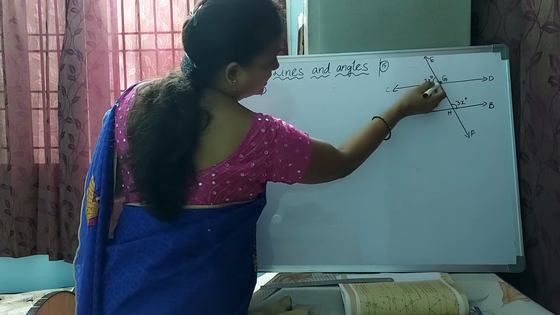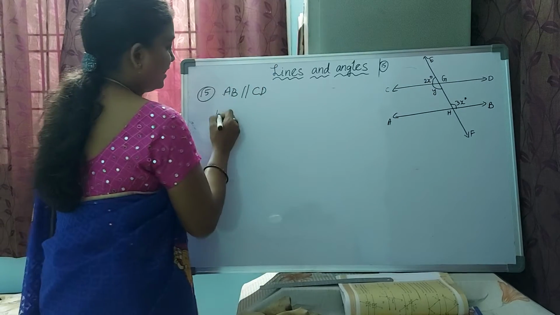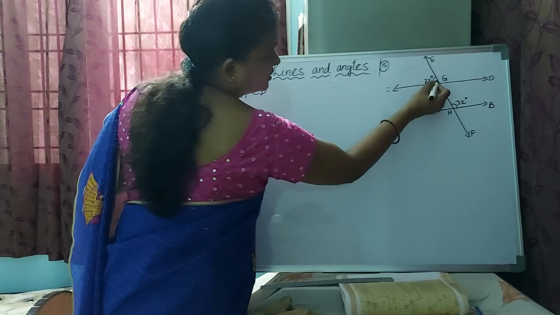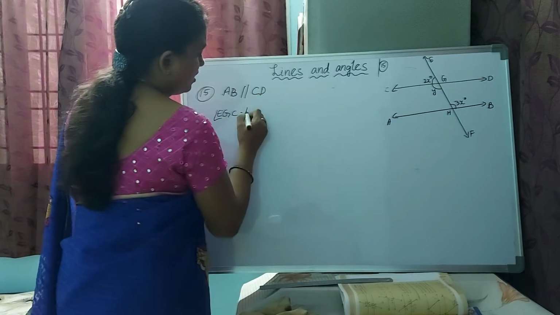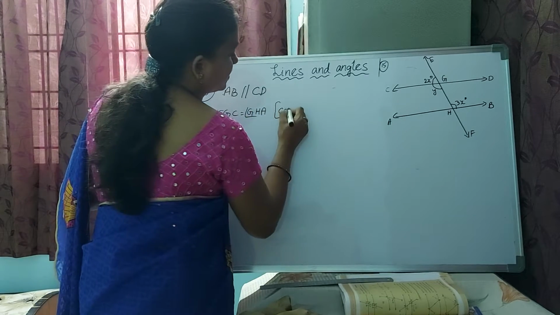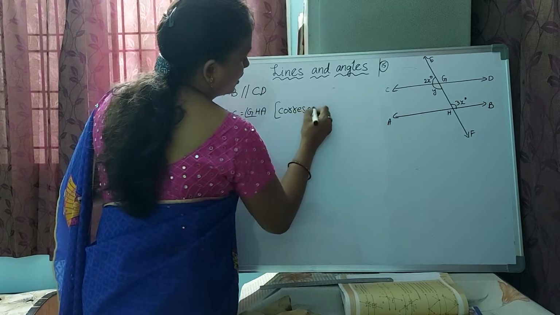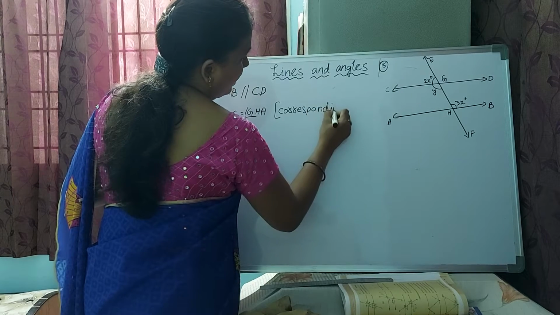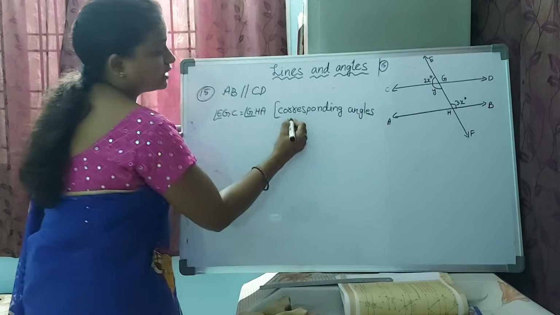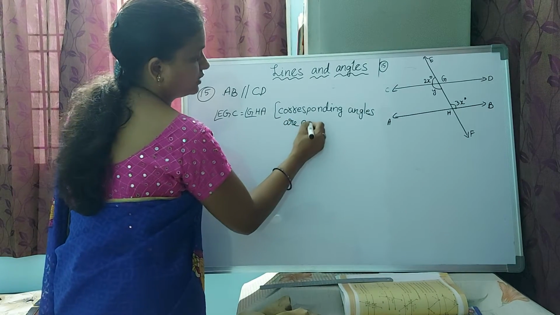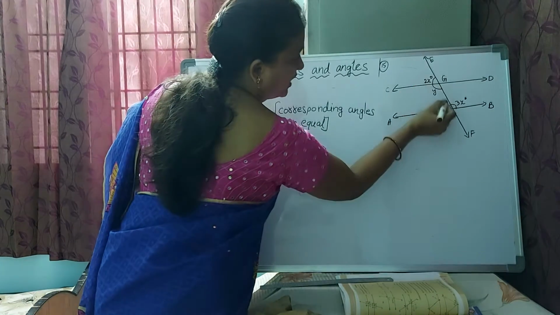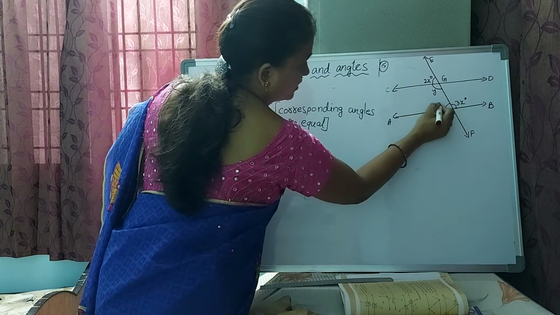Because angle EGC is equal to angle GHA. Corresponding angles are equal. That's why I equated them. So here I will write 2x.